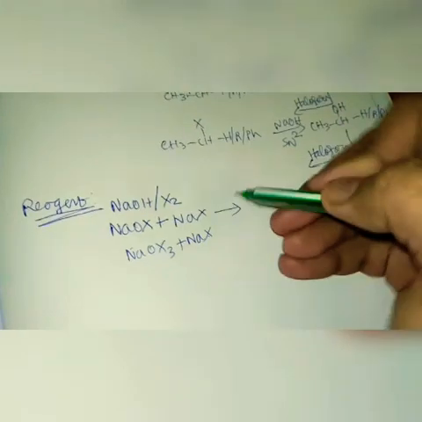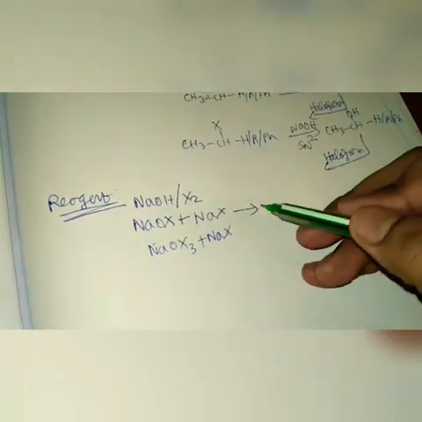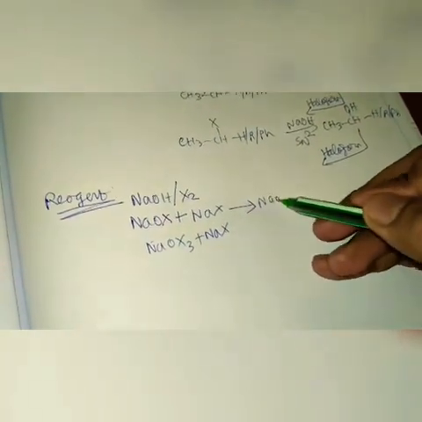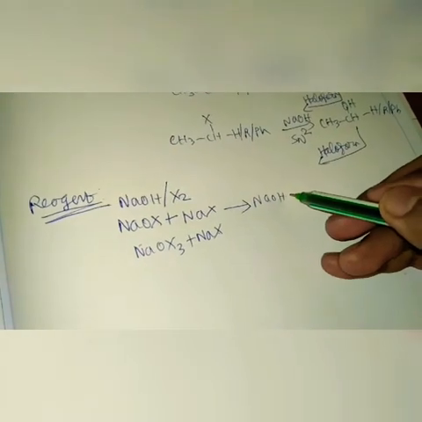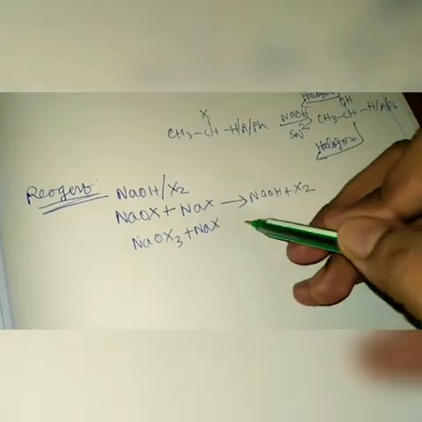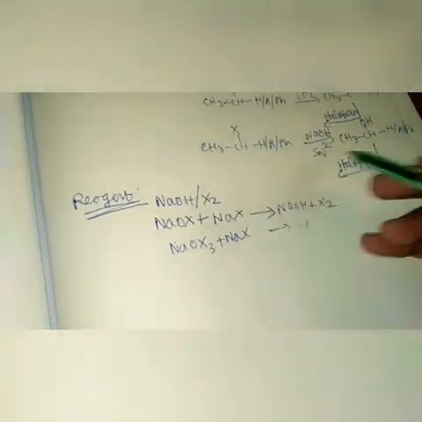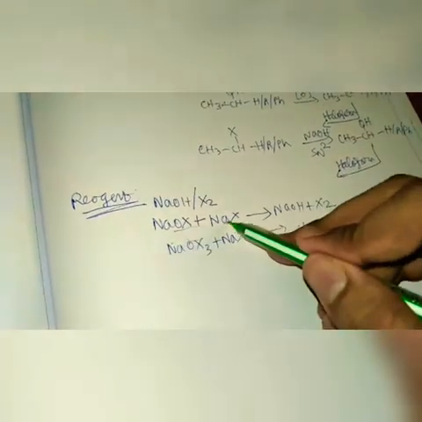These finally generate this one. NaOH and X2 is also the same thing. So in the examination they can give these also as reagents. So that's all about haloform reactions.